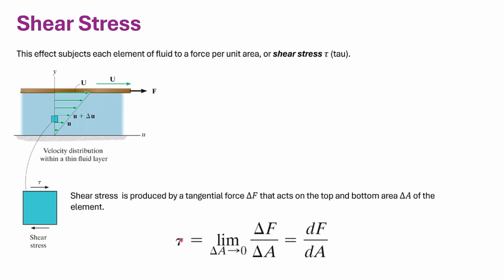The formula for that is tau equals delta F divided by delta A, or dF divided by dA when delta A approaches 0, which means that if you're analyzing a very, very small portion in which its area is very close to 0, then instead of delta F divided by delta A, we can say dF divided by dA. So this d means that that value is very, very small.